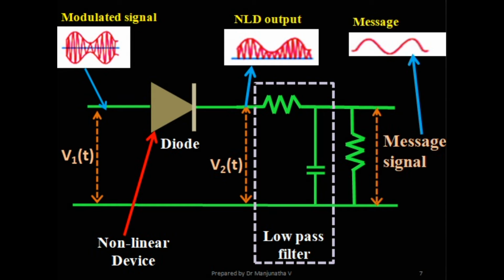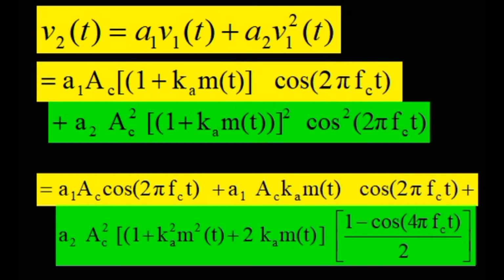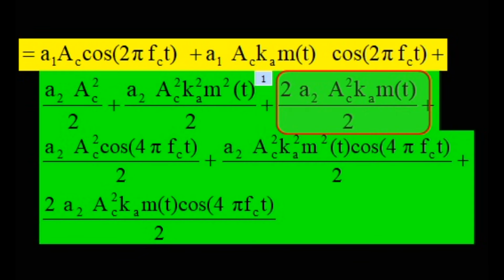The term (1 + ka m(t)) whole squared is solved by using the (a + b) whole square formula, which is equal to a² + b² + 2ab, and cos² ωt is solved by using (1 − cos 2θ)/2. Here the terms with fc, the frequency of the carrier, are not allowed by the low pass filter.